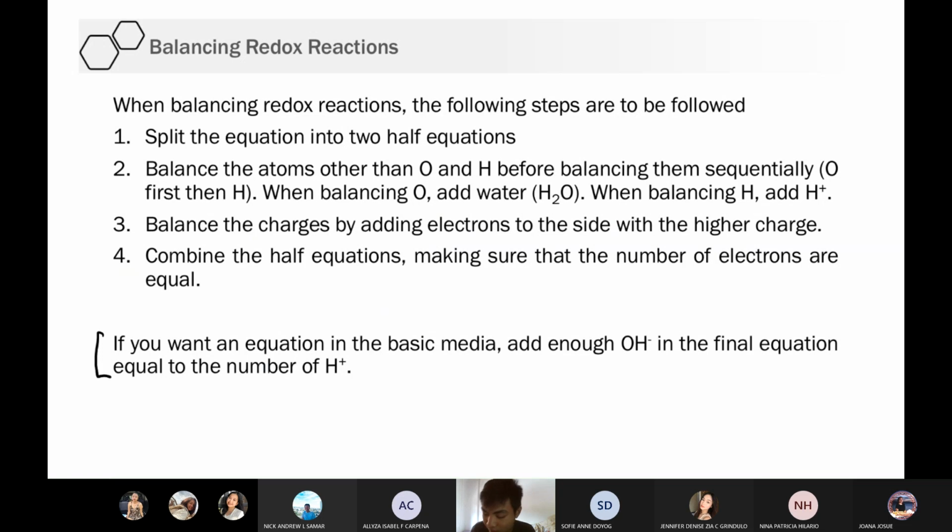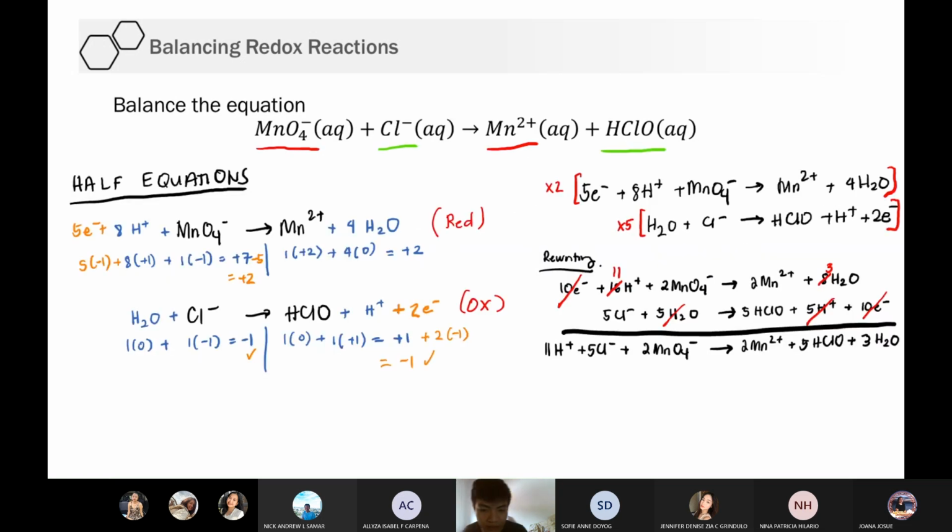Okay? Ano meaning nun? Okay, Tagalog ko. Kung gusto mo daw ng basic equation, basic media, okay, ibig sabihin may OH, you add OH equal to H+. Okay?